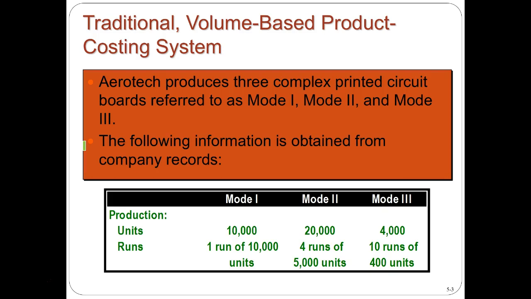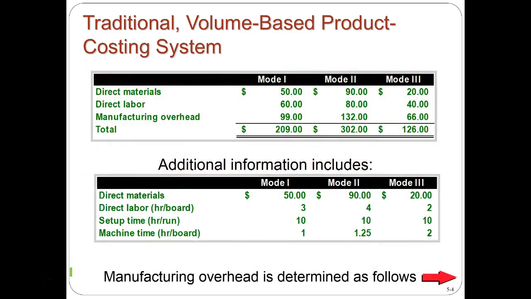The following information is obtained from the company records. Model 1 has 10,000 units, Model 2 20,000, Model 3 4,000. Runs: 1 run of 10,000 units for Model 1, 4 runs of 5,000 units for Model 2, 10 runs of 400 units for Model 3.